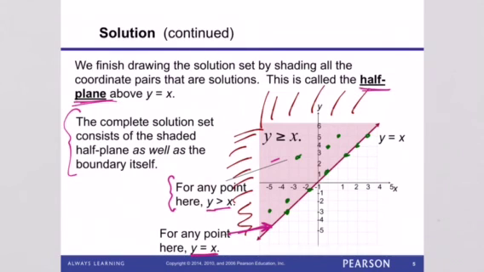So the shaded part is where all the y's are greater than x, and the line is where all the y's are equal to x. So our solution to this linear inequality, y is greater than or equal to x, is the half plane that's above the line y equals x. Stop and digest that for a minute.